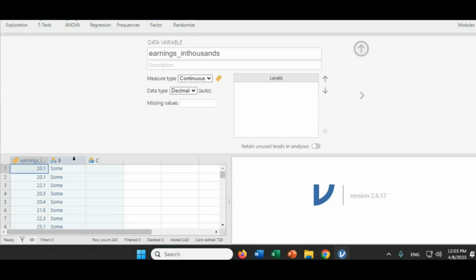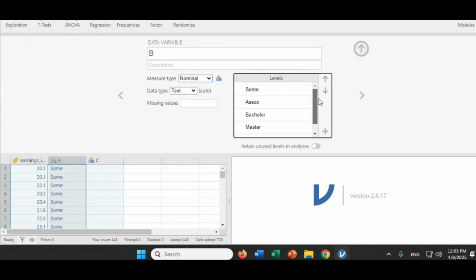Then for B, they even helpfully tell you the levels. What are the levels in B? Some, associates, bachelor's, master's. So this just categorizes people based on their highest qualification. Do you have a doctorate? Do you have a master's, bachelor's? Nothing much not to understand. Some means they didn't complete the associates.